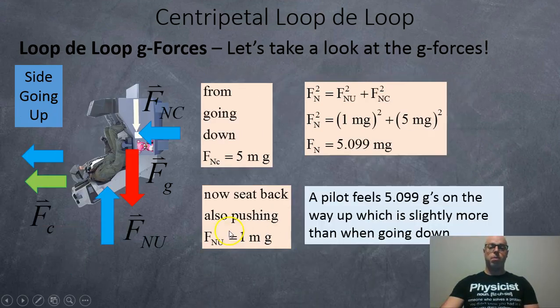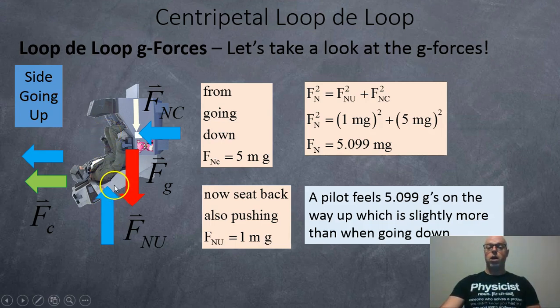Now how about going up? Going up is actually a little more complicated. Your centripetal force from the normal is the same. It's not going to change. It's still going to be the 5 mg. But now, gravity's pulling you towards the back of the seat, so now you have another normal component pushing you upwards.